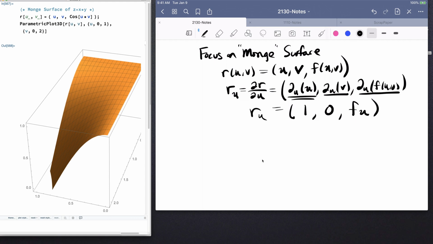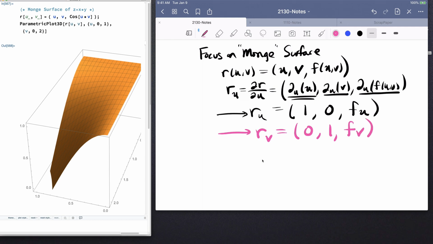So this is what we mean by the partial derivative of the vector valued function with respect to u. There's also a partial derivative of the vector valued function with respect to v, which would be 0, 1, partial derivative of f with respect to v.